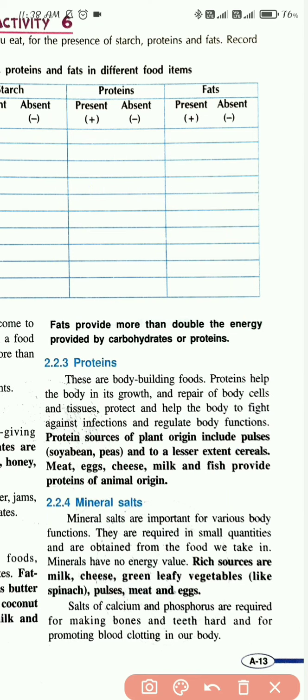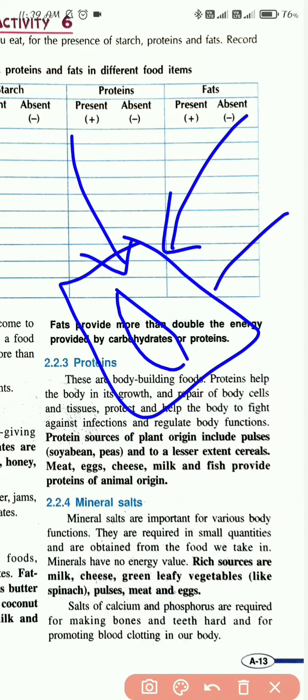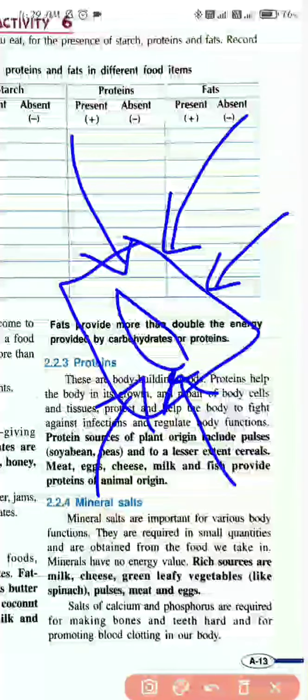Sometimes if you fall down and get a great cut in your body, your body cells are damaged, then what will happen? This protein will come and help the body to repair, and in a few days you will be all right.